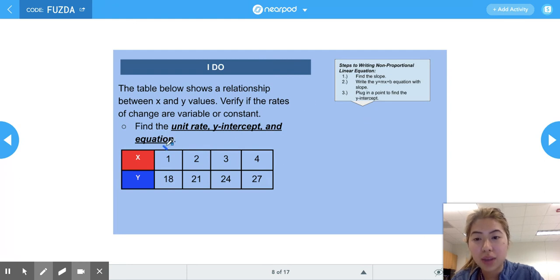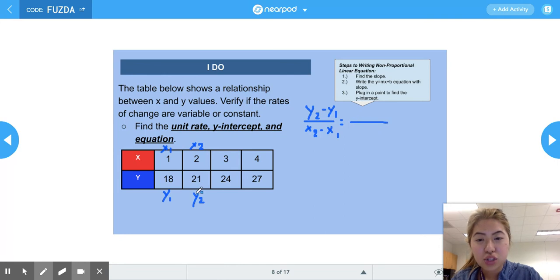So if I'm using the points 1, 18, 1 is going to be my x1, 18 is going to be my y1. If I'm using 2, 21, 2 is going to be my x2, and 21 is going to be my y2. And then I'm using the formula y2 minus y1 over x2 minus x1.